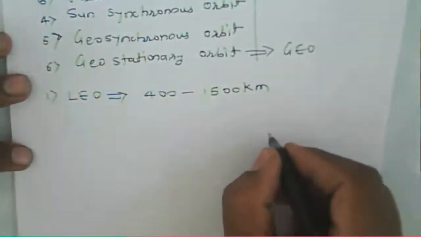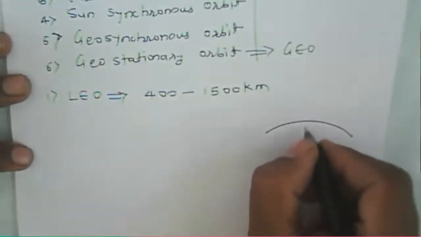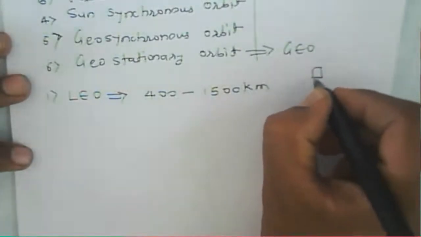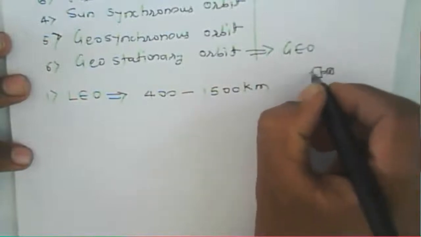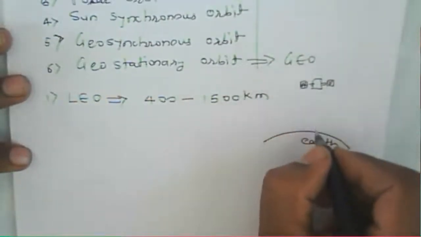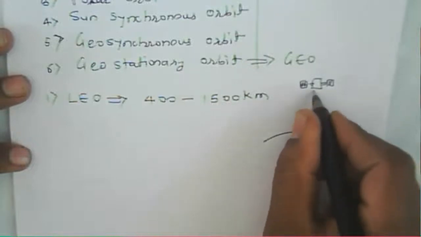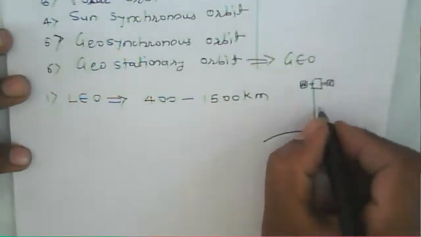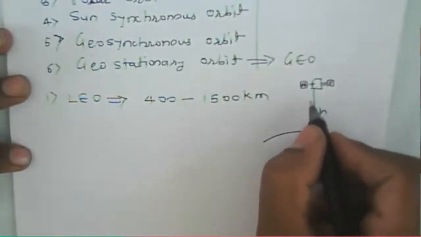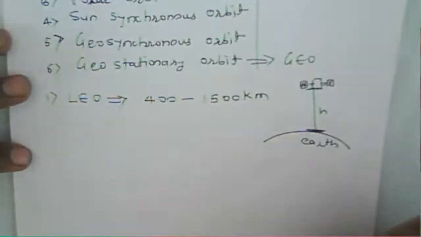400 to 1500 kilometers. Altitude means what? Suppose this is the Earth and the satellite is present here. From the Earth to this satellite, that is the altitude.